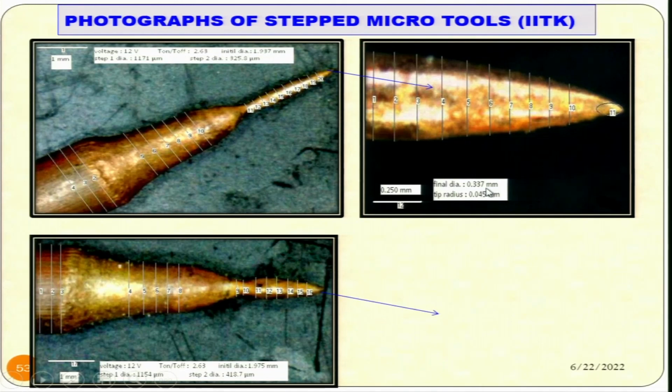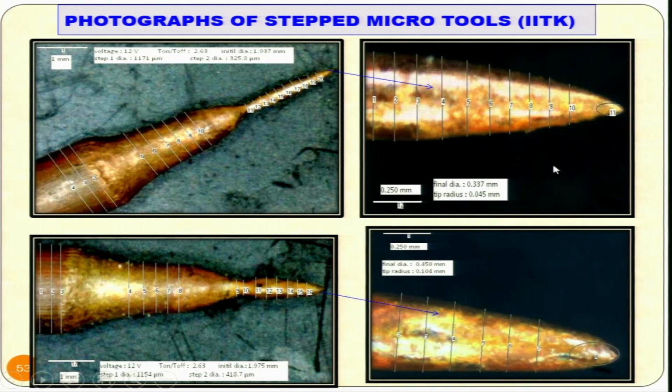Final diameter 0.337 millimeter, that is 337 micrometer. Tip radius is 45 micrometer. So the tip radius over here they were able to achieve is 45 micrometer. You can see here the tip radius is 104 micrometer and final diameter 450 micrometer of the micro tool, if you want to call it a tool.